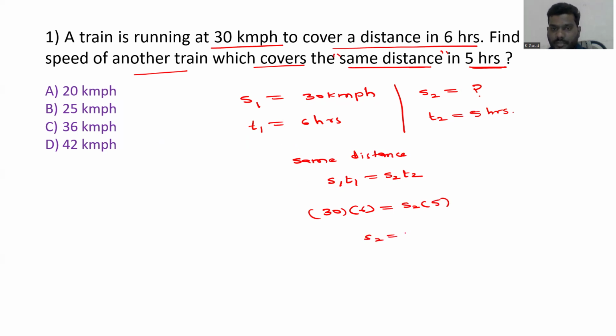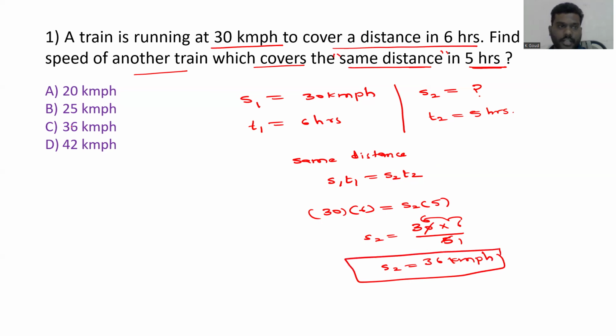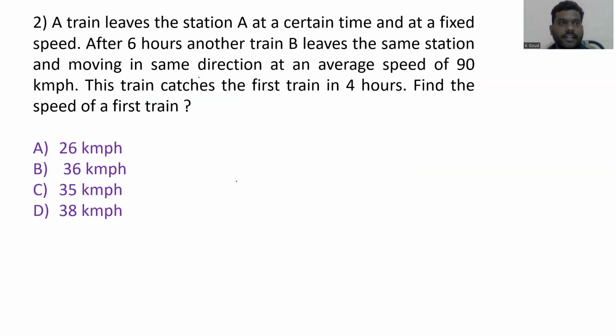Now S2 will become 30 into 6 by 5. 5 ones are 5, 6 fives are 30. So S2 is equal to 6 multiplied by 6, 36 kilometer per hour. So this is very easy. Option C is the right answer. I hope you are very clear. Let us solve one more question. This is the second question.